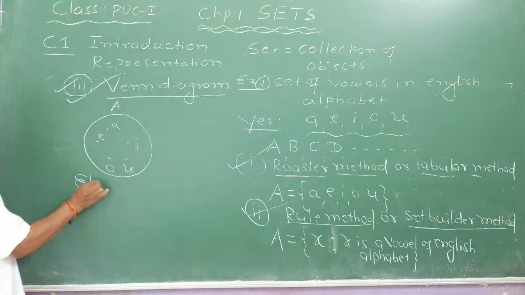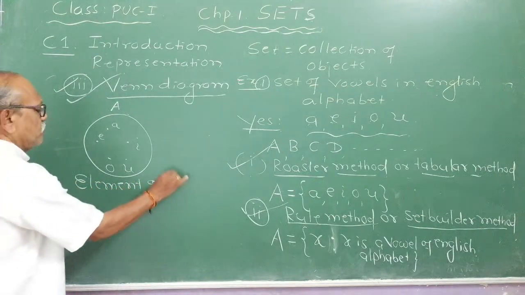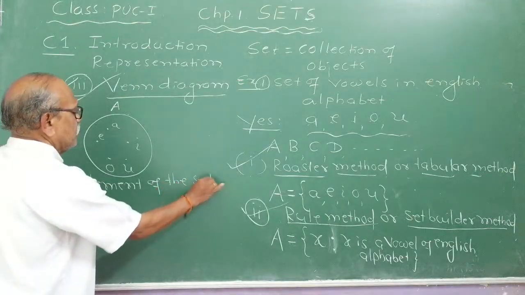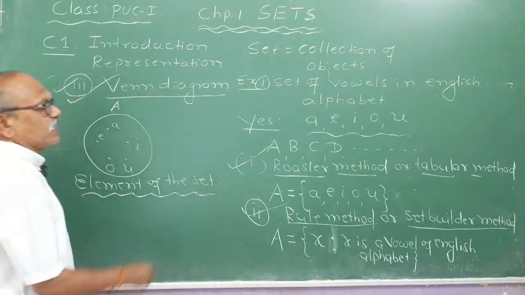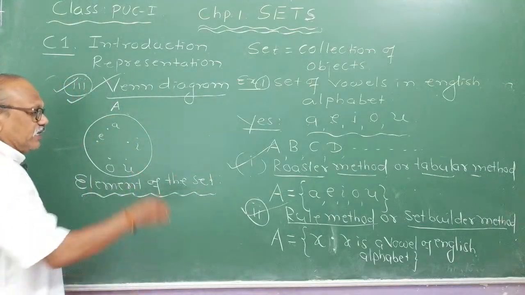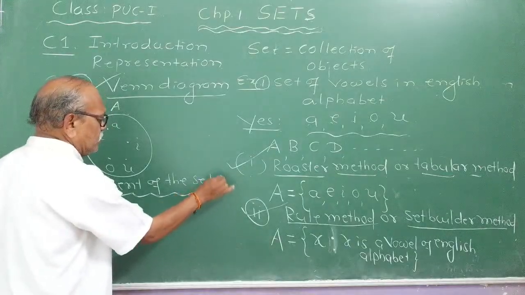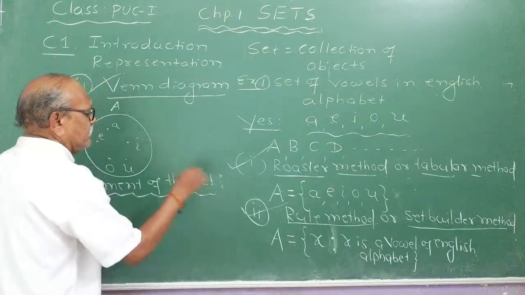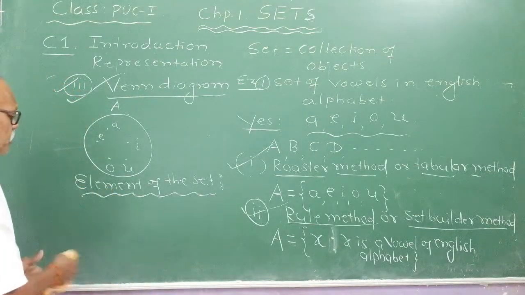What is an element of the set? Very useful. Set theory is very useful in learning probability, in learning geometry also. Actually, while studying trigonometric series, it was introduced by Cantor, a German mathematician.